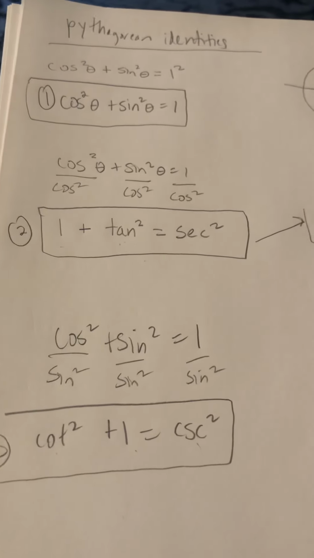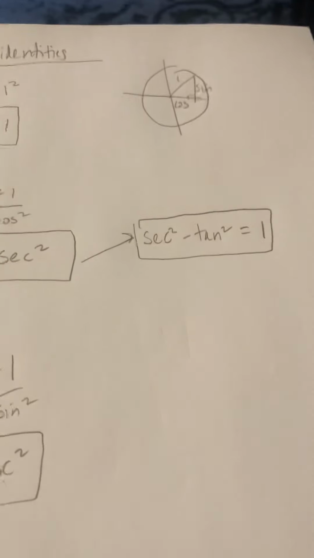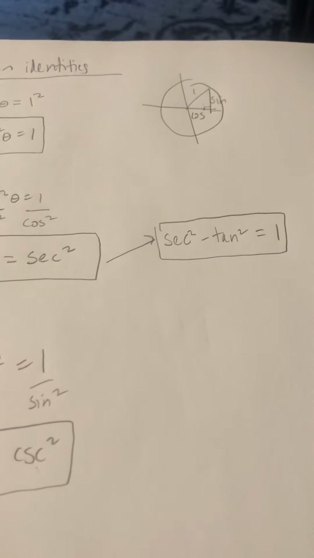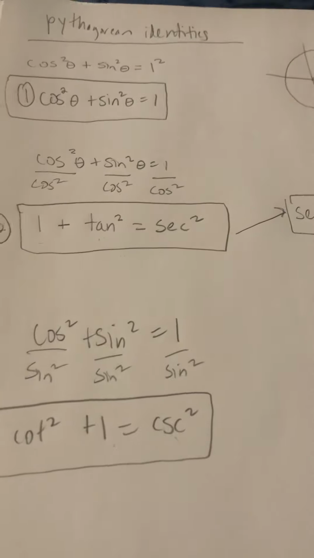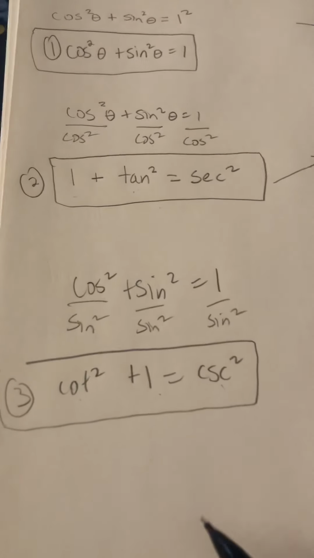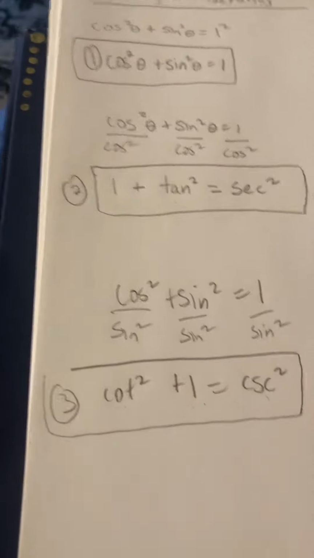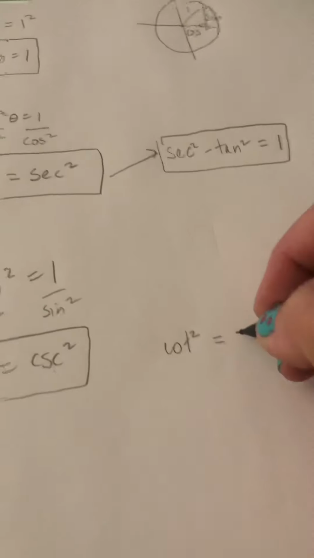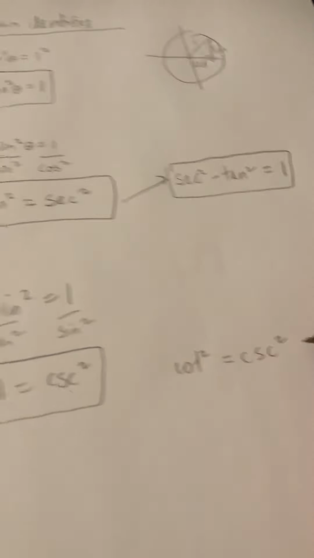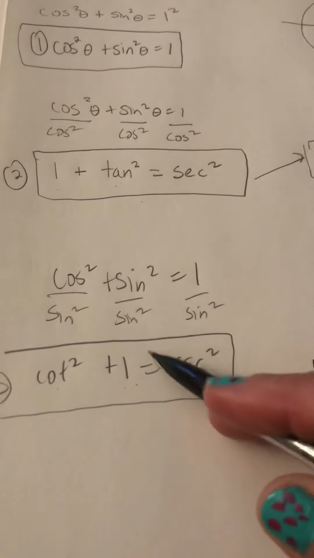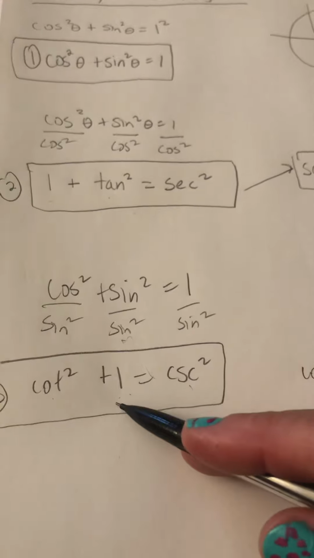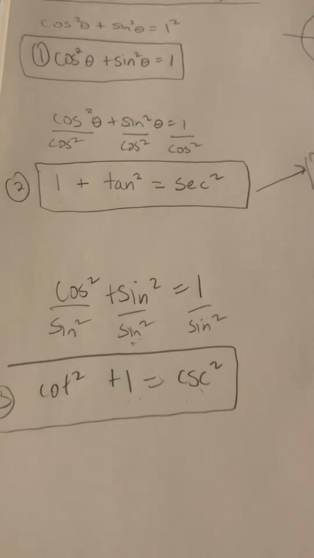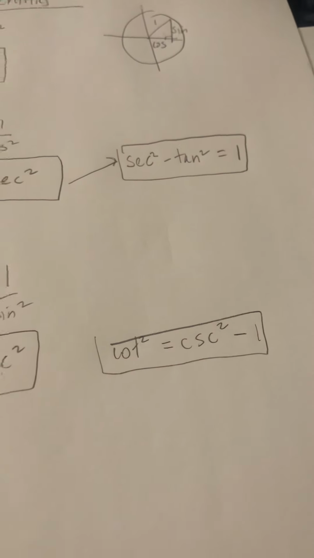So that's another way you can manipulate things, which you guys will see as we work some of these problems out. For example, this, we can subtract the 1. So cotangent squared would be left by itself, and then the other side would be cosecant squared minus 1. Which again, we'll work through some of these to simplify.